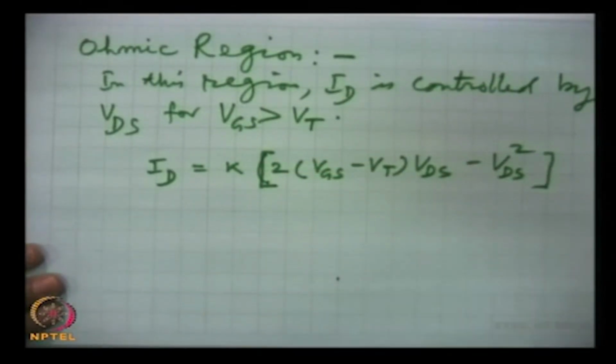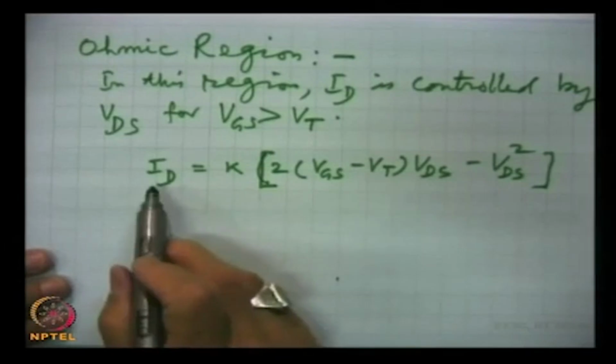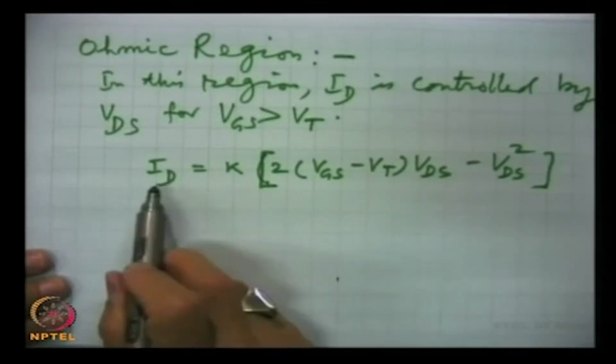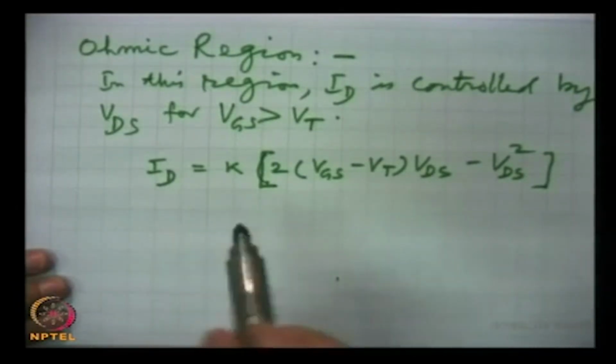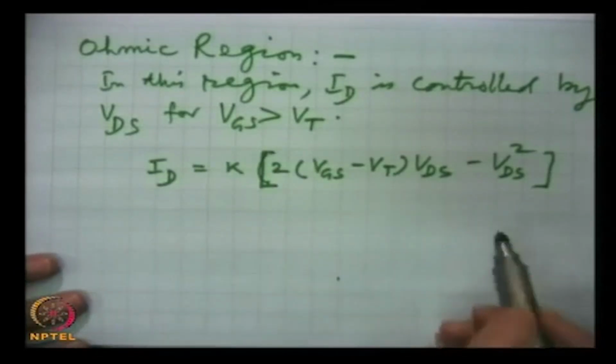This is the expression which gives the dependence of drain current in this region on VDS.